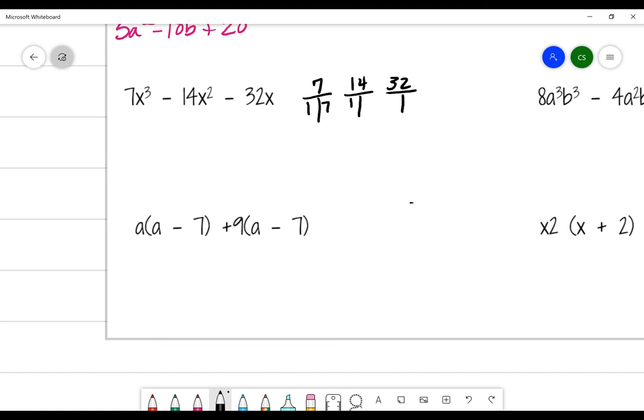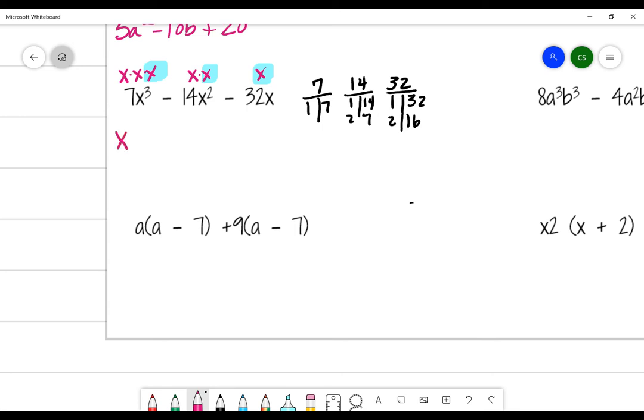Factors of 7, factors of 14, and factors of 32. They don't share any numbers. Well, what about variables? Well, this has 3 x's, we have 2 x's, and we have 1 x. So how many x's do they share? They only share 1. So I can only pull out 1 x.